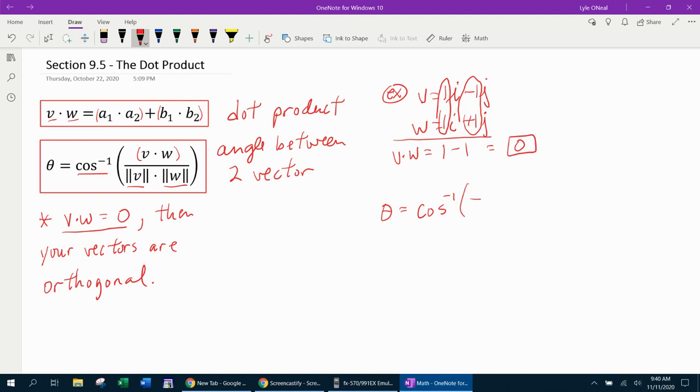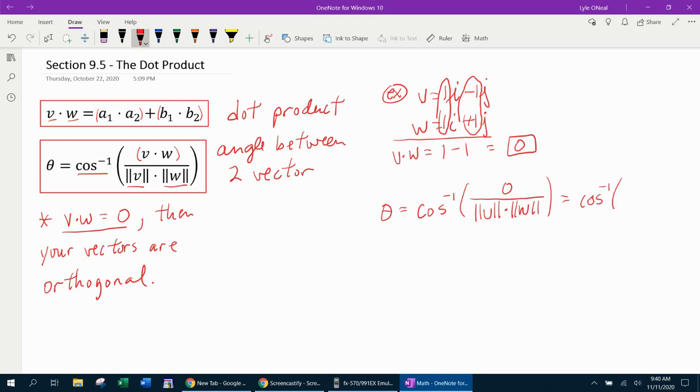Doing the inverse cosine of the dot product, which we already know is 0, divided by the magnitudes multiplied. Now, the reason I didn't actually plug into the formulas for magnitude is because the numerator is 0. As long as the denominator is not 0, you're going to get an answer of 0.